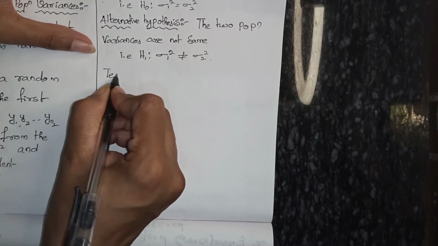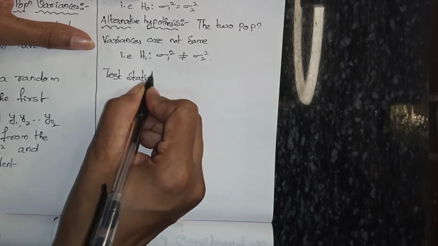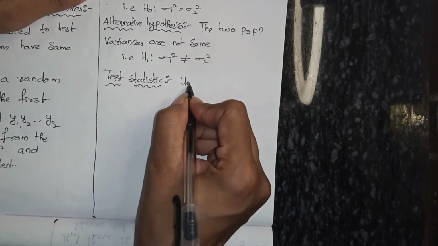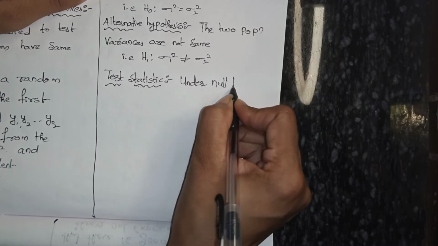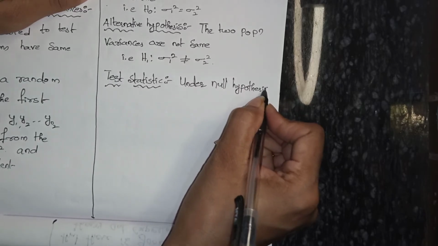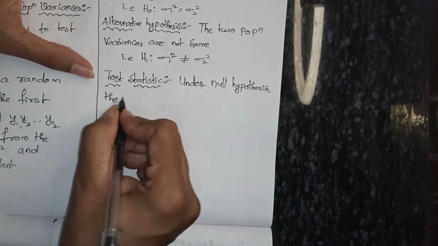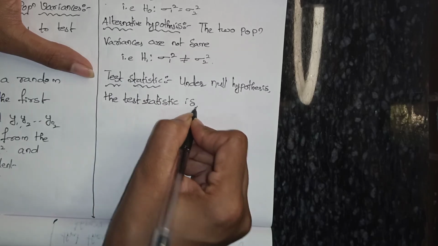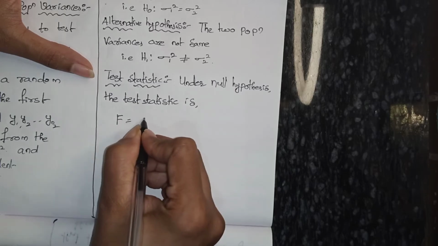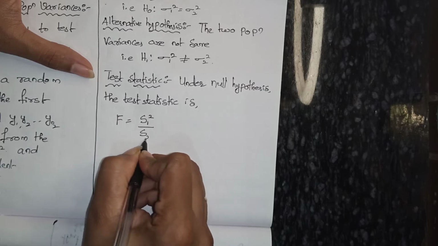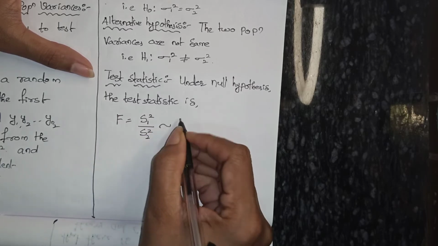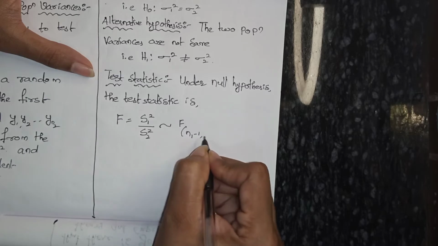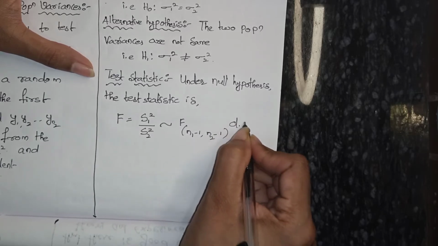Now the test statistic. Under the null hypothesis, the test statistic is F equals S1 square by S2 square, which follows the F distribution with n1 minus 1, n2 minus 1 degrees of freedom.